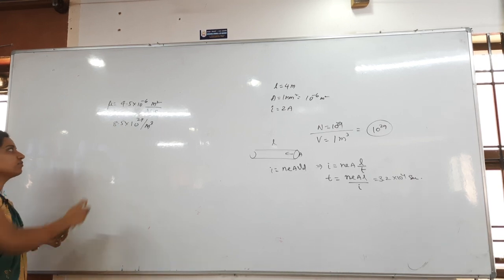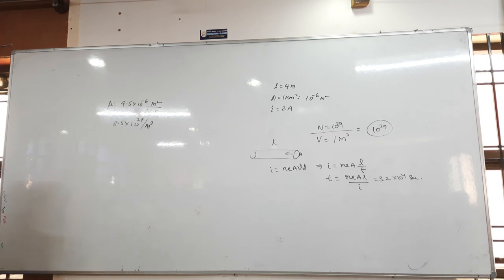What is this value? You observe the unit; the unit will give you clarity. Per meter cube, so it is nothing but small n, the number of electrons per volume. So this is a small n value. Find out the answer now.